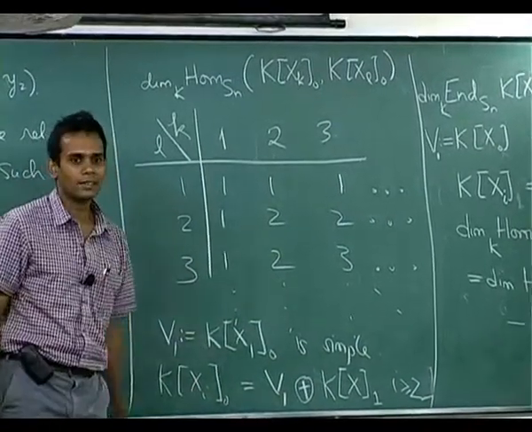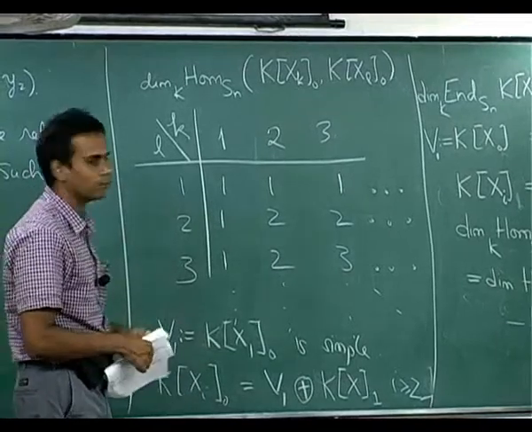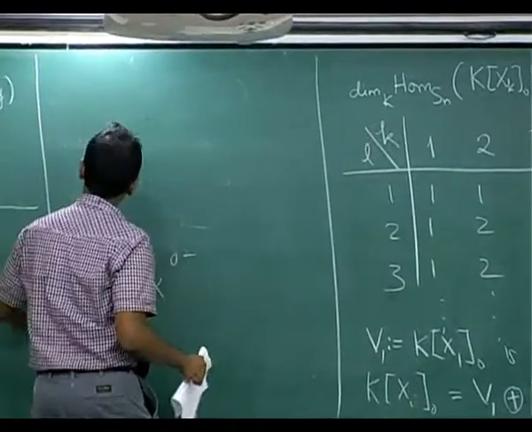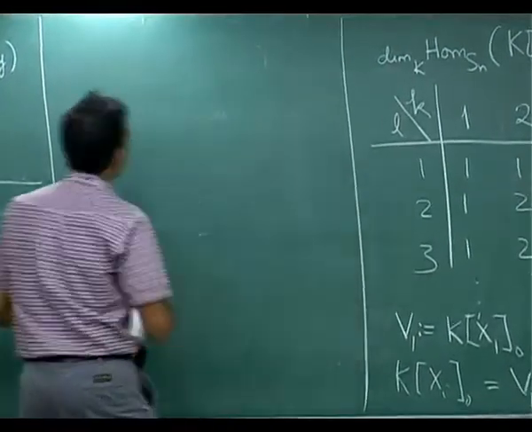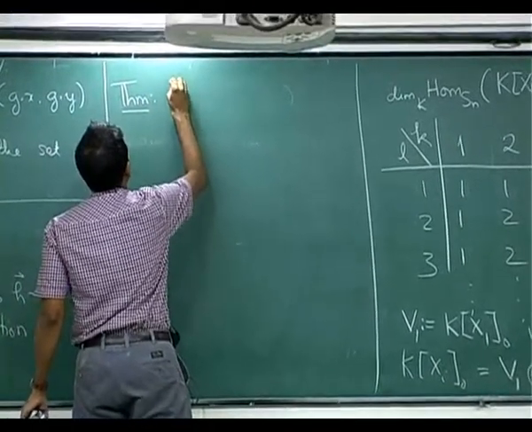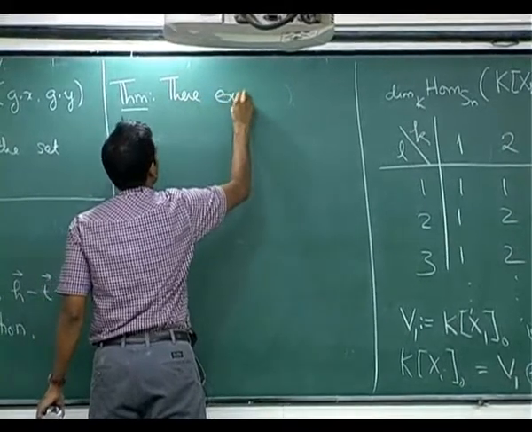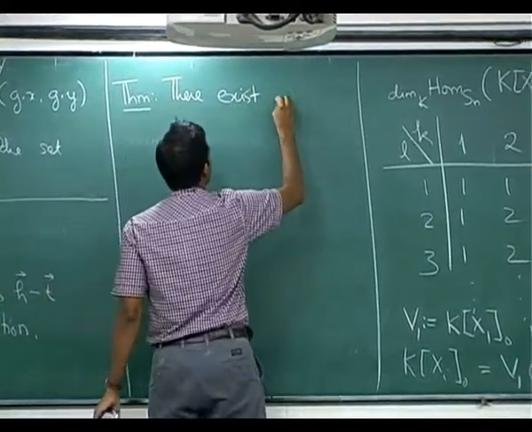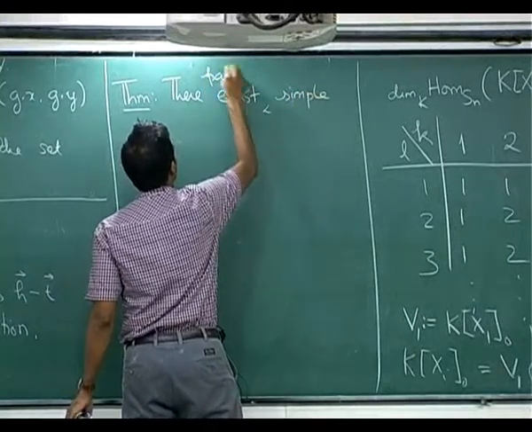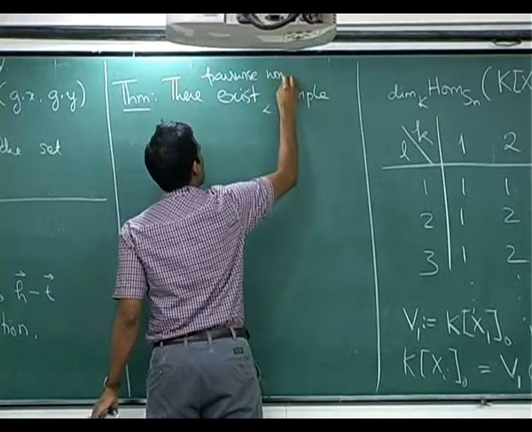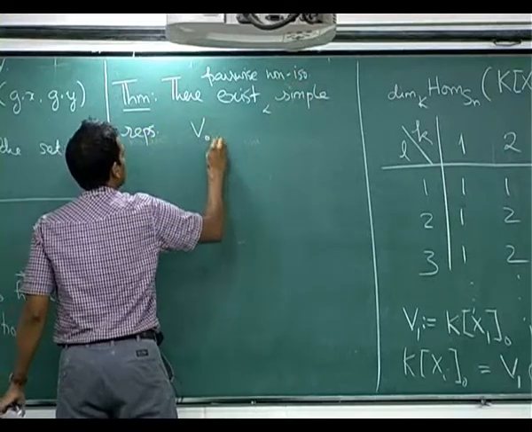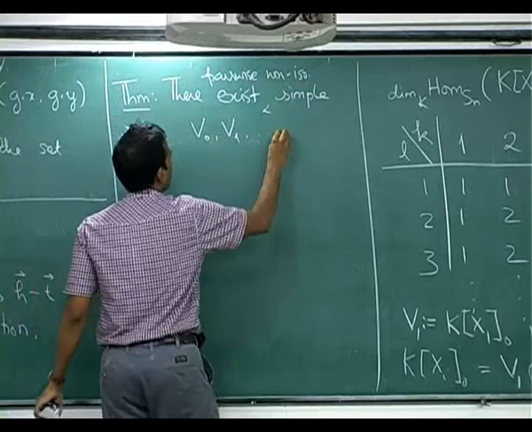And now this process you continue and you keep shaving off pieces from the kxi's, and the theorem you get is the following. There exist simple representations, maybe I should say pairwise non-isomorphic, V0, V1, and how far does this go?